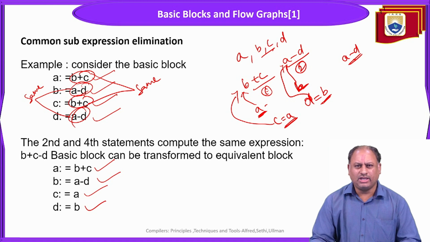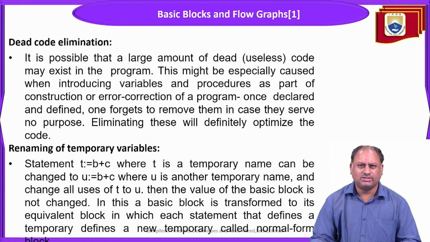If any expression is repeatedly executed, we find it, eliminate the commonality, and give an equivalent set of statements so that the transformation is preserved. That's why it is called a structure preserving transformation. The result is not affected even if you avoid the computation of B plus C and A minus D.